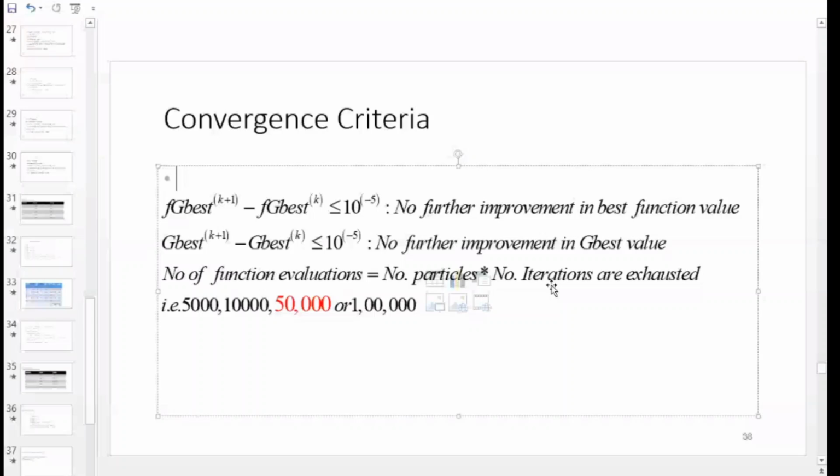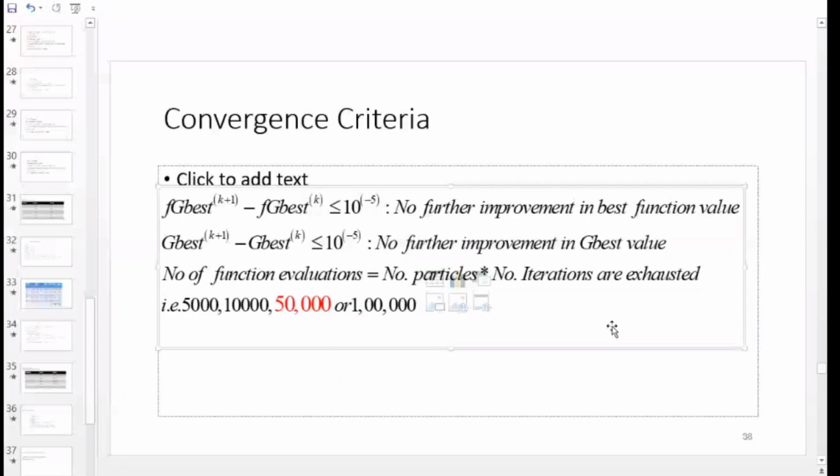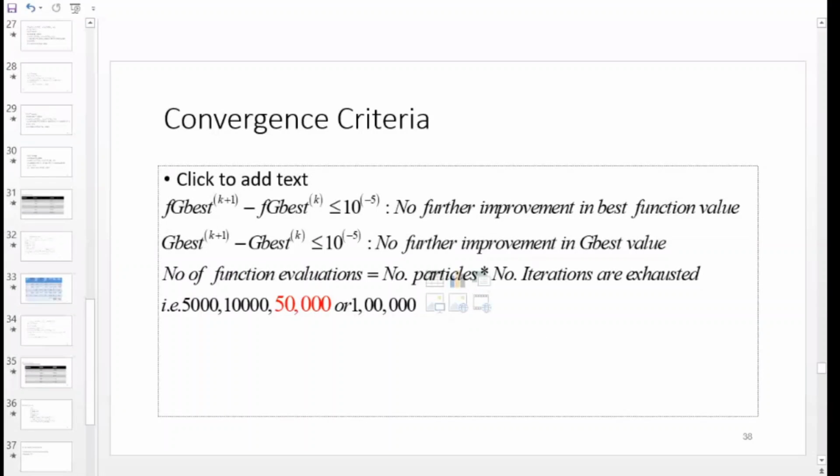This product you have to define. Suppose I define this product as 5,000 or 10,000 or 50,000 or 1 lakh, right? Typically if I take the number of functional evaluations as 50,000, then once 50,000 functional evaluations are carried out, you can stop the simulation and the final answer obtained is considered the best answer.